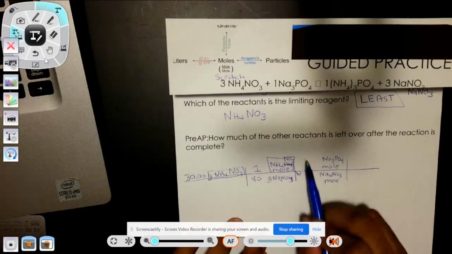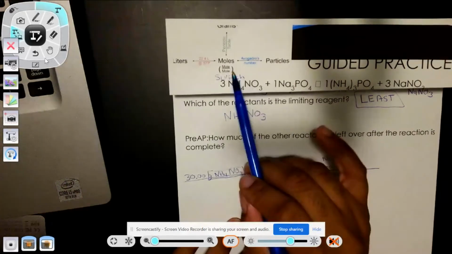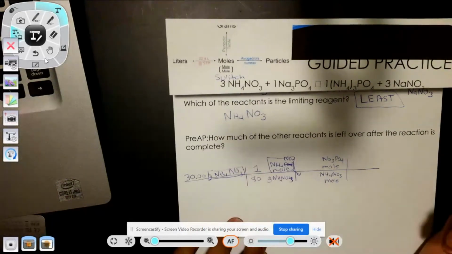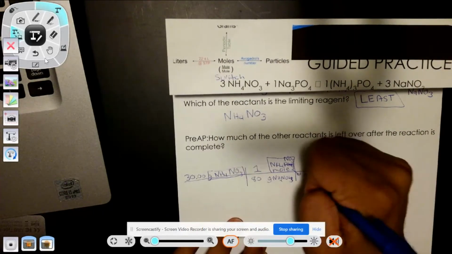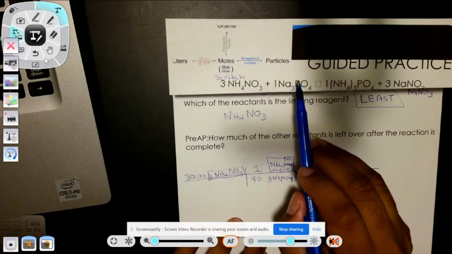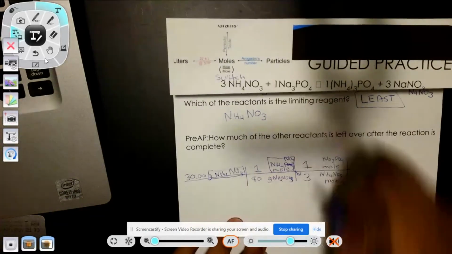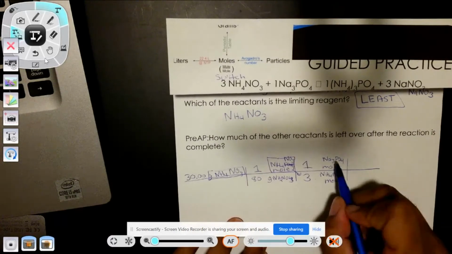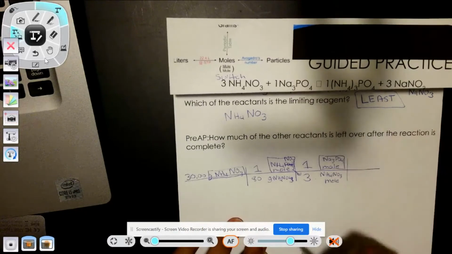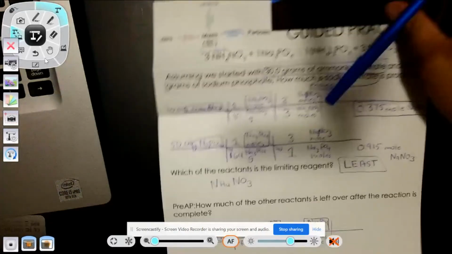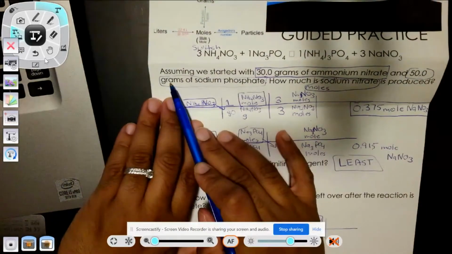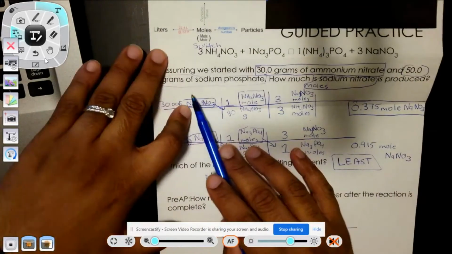In order to do that, whenever you're doing the switch, it's going to be mole to mole, and it's going to be the coefficients. So our coefficient for ammonium nitrate is 3, and our coefficient for sodium phosphate is 1. Okay. Now we have our sodium phosphate. But if we look at our problem, we were given 50 grams of sodium phosphate.